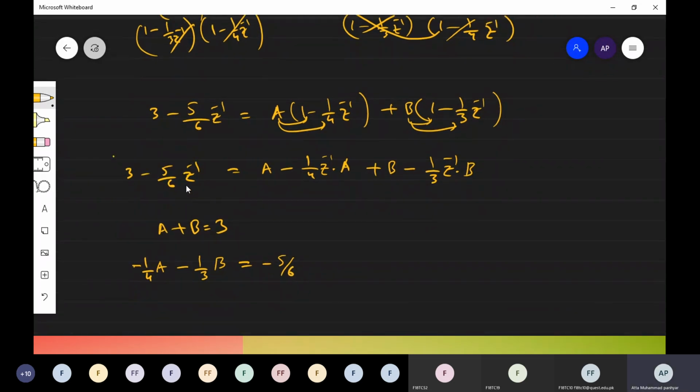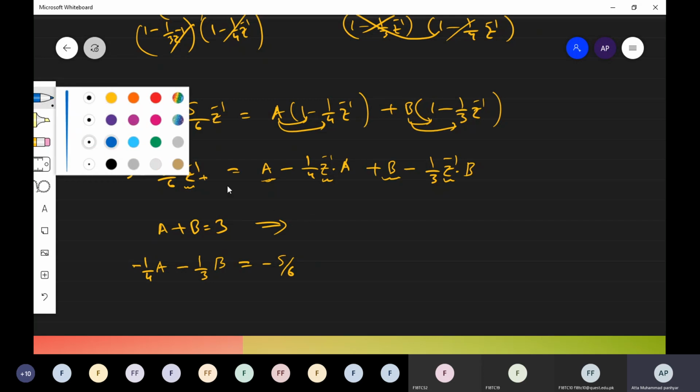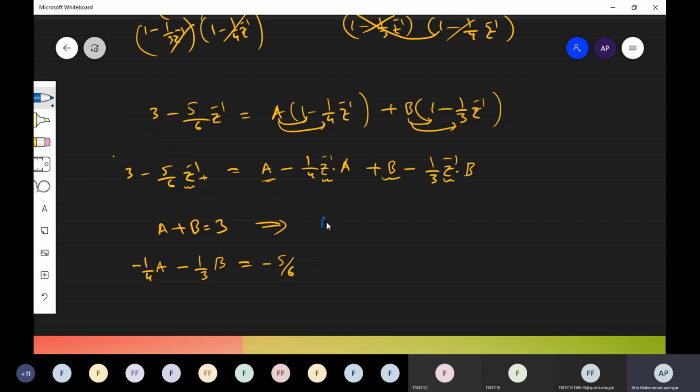Because we compare the powers, and these are only constant values, we have equated constants with constants. If there had been a power of minus 2, then if some term existed here, it must be equal to that coefficient. So what I can get from here is, if I take the value of A from here, then A must be equal to 3 minus B, right?